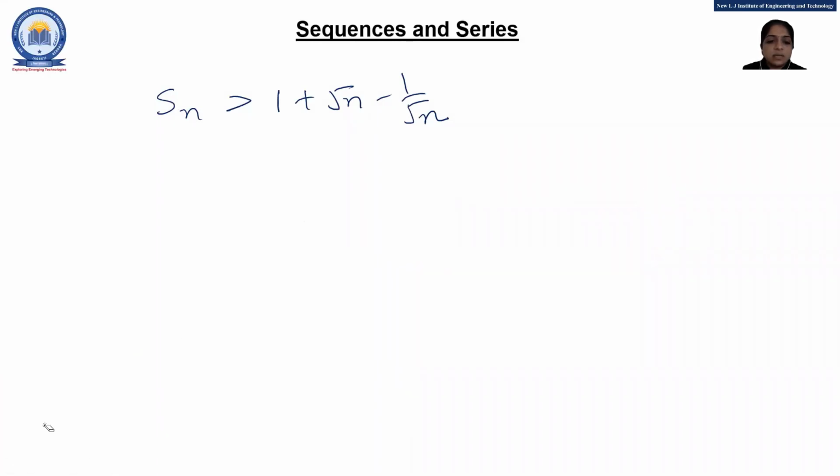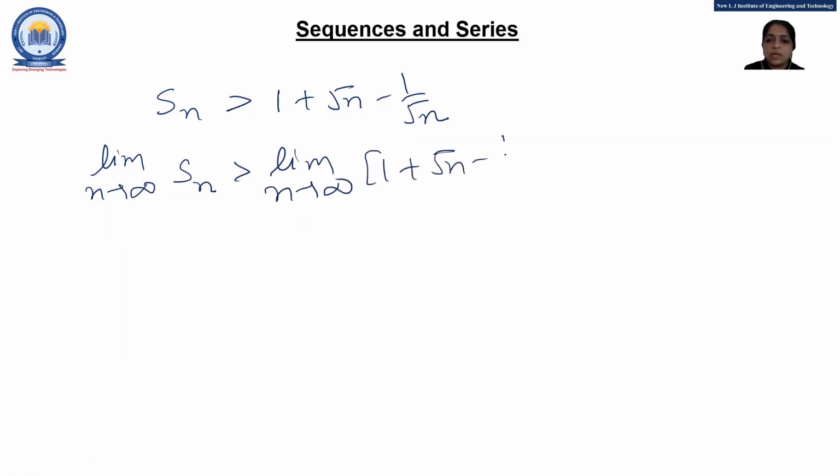Now, Sn is greater than 1 plus root n minus 1 upon root n. So applying the limit n tends to infinity, Sn is greater than limit n tends to infinity of 1 plus root n minus 1 upon root n. That is, here this one is 0, this one is 1, 1 plus infinity.